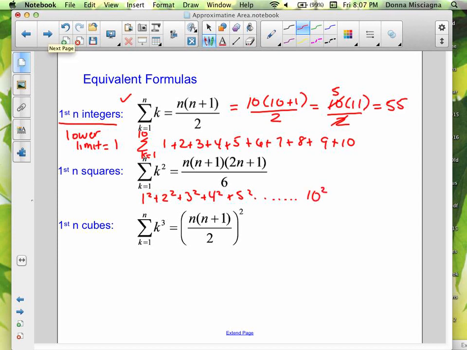So in this case n equals 10. We'll just use n equals 10 again. So I'm just going to do the sum from k equals 1 to 10 of x squared. So I'm going to add up the first 10 squares. So instead of having to square and add up all those numbers, I could use this formula here.